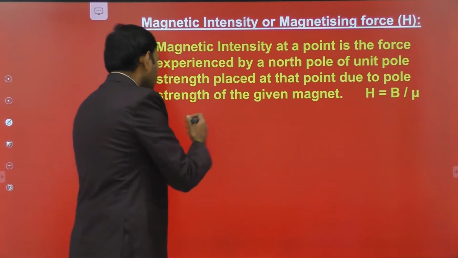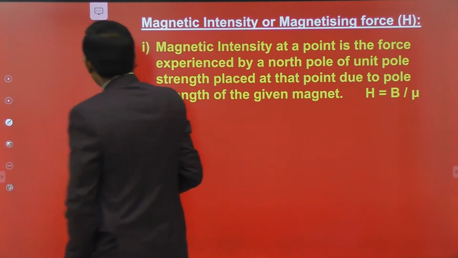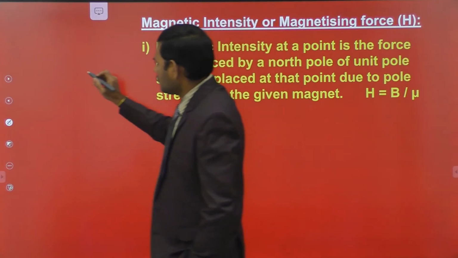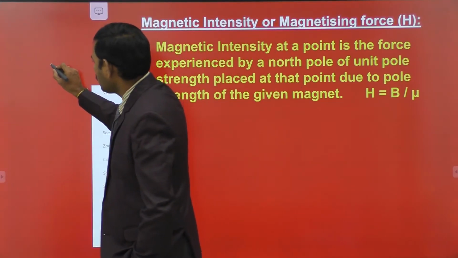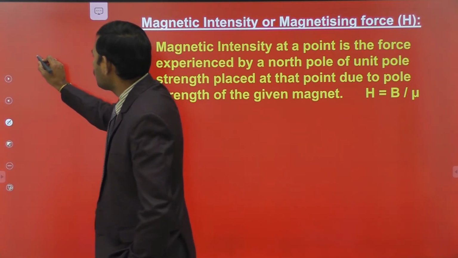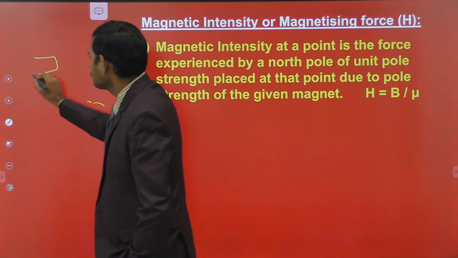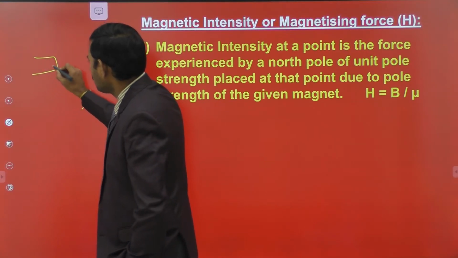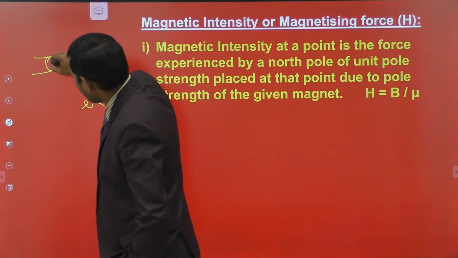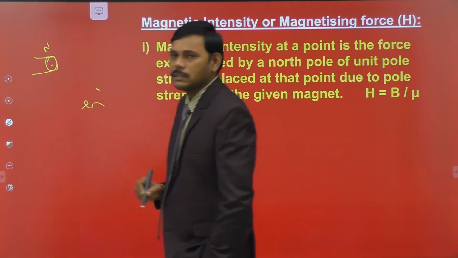Here students, let me explain how to understand this definition. Suppose we have a magnetic pole. Let us assume this is a north magnetic pole. Students, look into it.